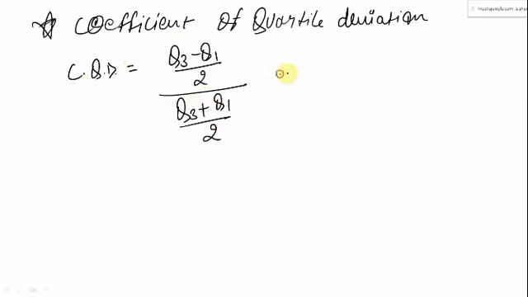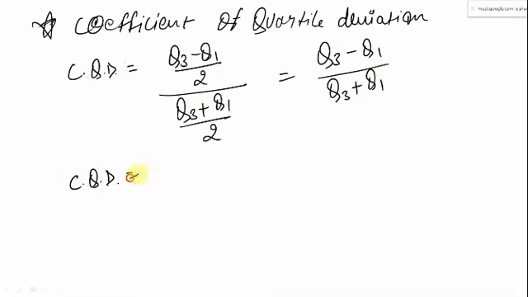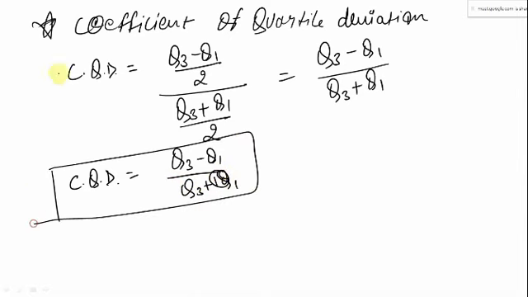So in a simplified manner, it will be Q3 minus Q1 upon Q3 plus Q1. The concept is that you take the quartile deviation and divide it by the average of Q3 and Q1, but when you simplify it, the 2 cancels out the other 2, so you are left with this.